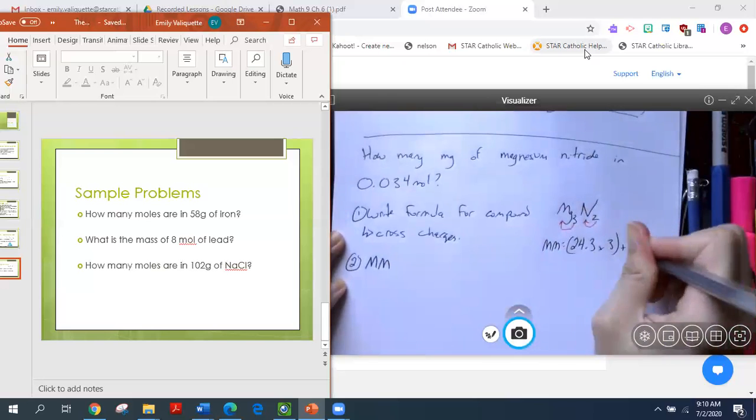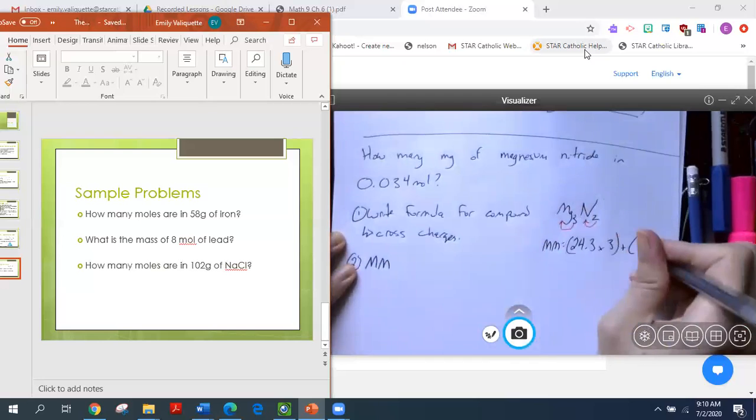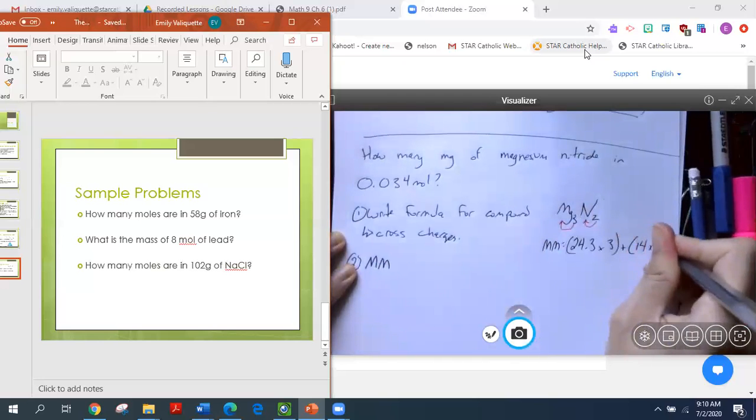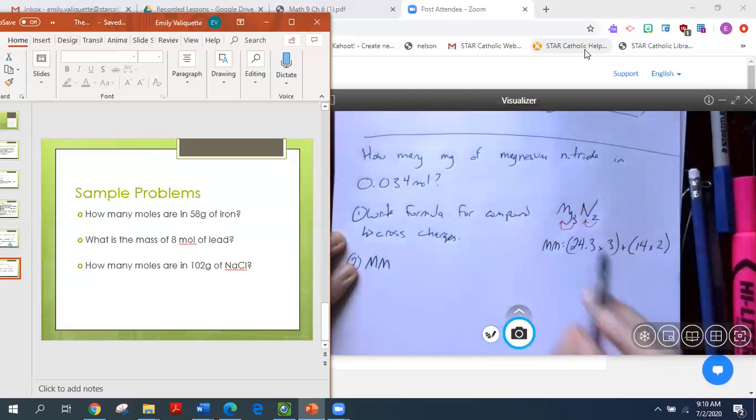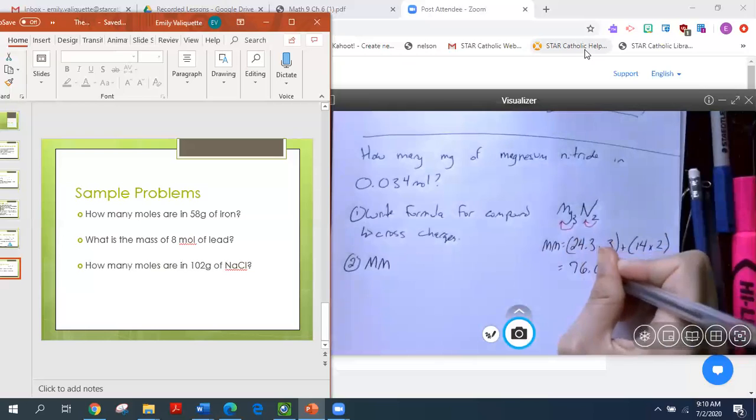And then add that to the molar mass of nitrogen, which is 14 multiplied by 2, because there are 2 of them. So 24.3 times 3 is 72.9 plus, and then in brackets 14 times 2 gives us a molar mass of 76.6.